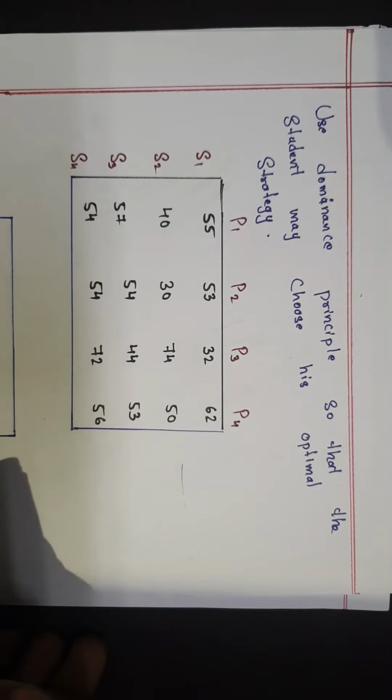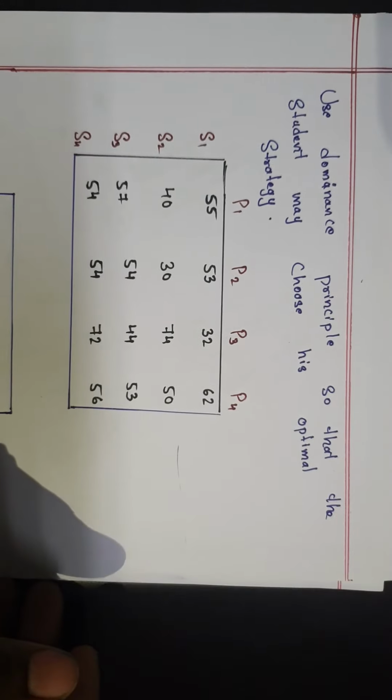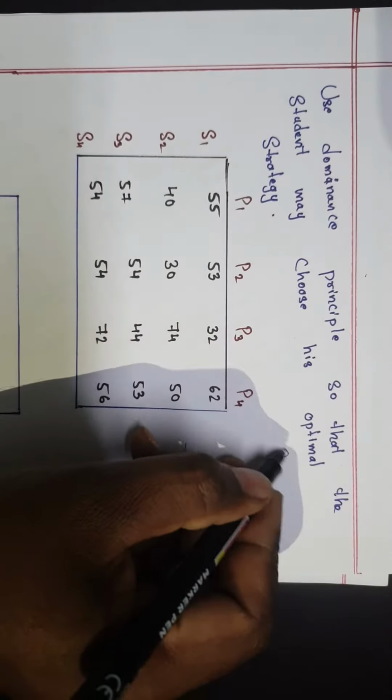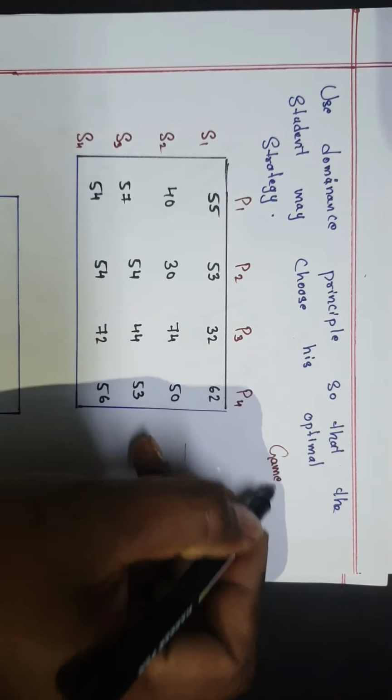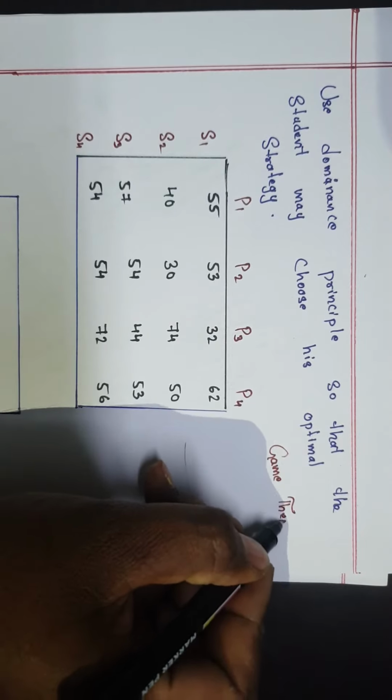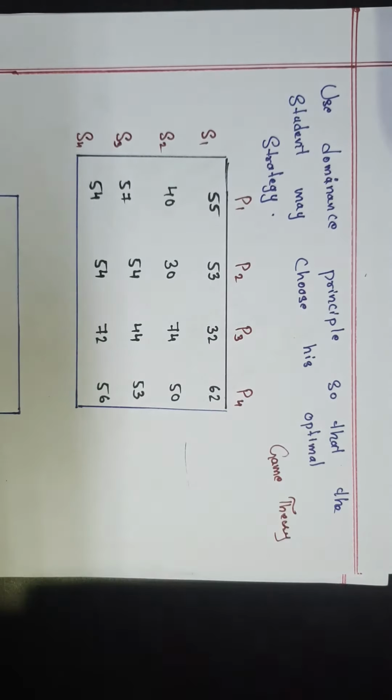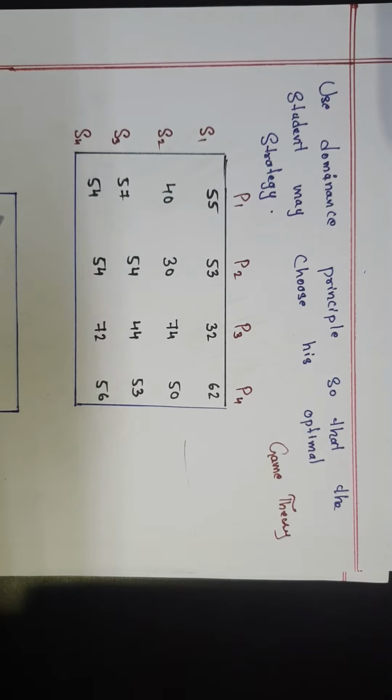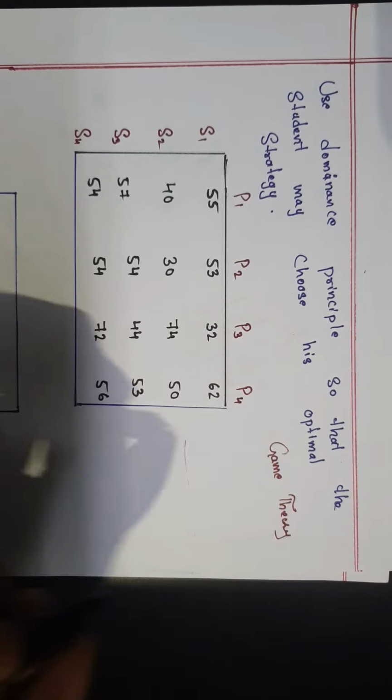In game theory, the topic name is game theory. In it, you have to select the maximum column. You can select any two columns, but one column should be greater than the other column.